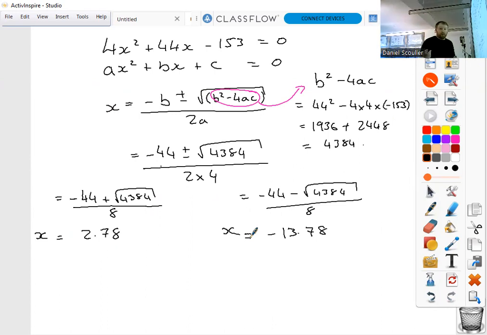The thickness has to be a positive number. So it has to be 2.78 centimeters. The thickness of a border can't be negative. Can't have a negative size border. Okay. So it cannot be negative 13.78 centimeters. Specify that.